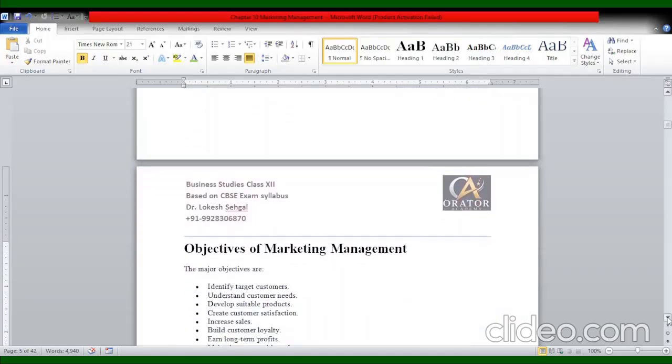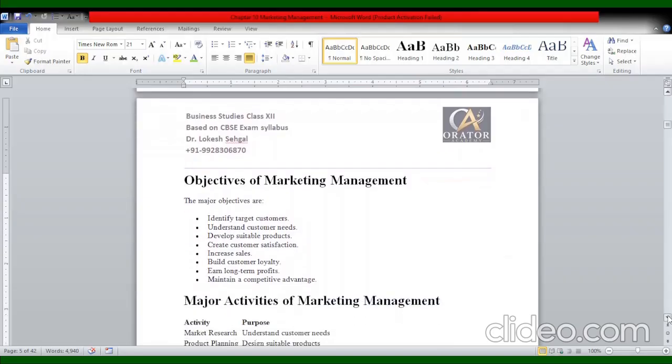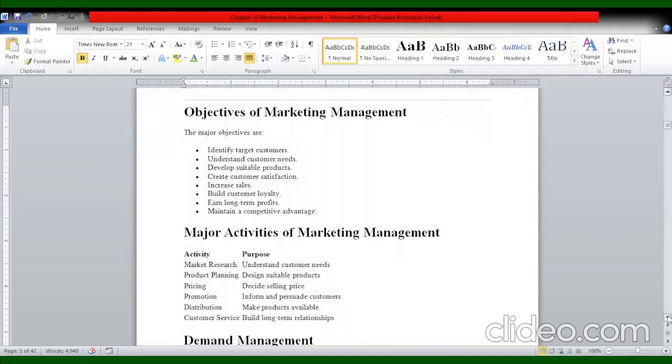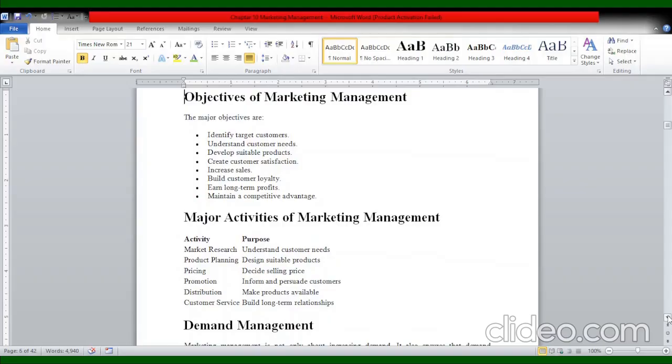It also has some objectives. You need to identify the target customer to whom you want to sell. Suppose you have to design a particular mobile or smartwatch. Now you have to identify the market for that watch, or the target customer who will buy and take interest in your product.